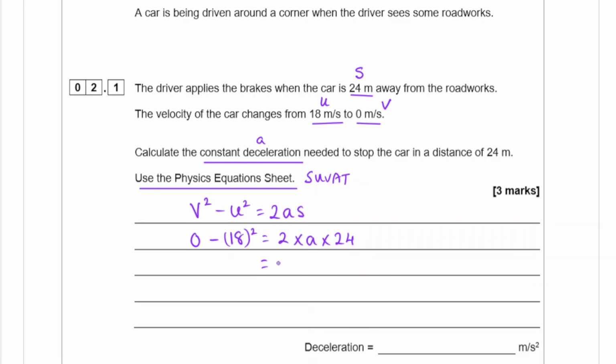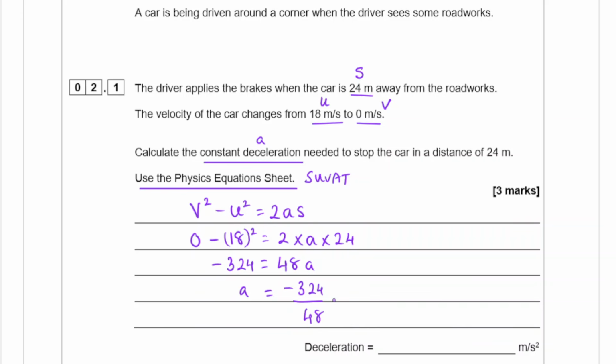2 times 24 is 48 A, and 18 squared is 324. The negative value still carries, so A is equal to minus 324 divided by 48.